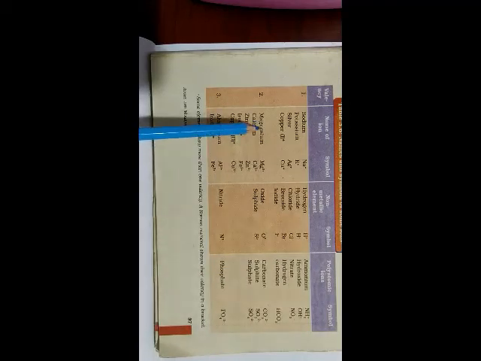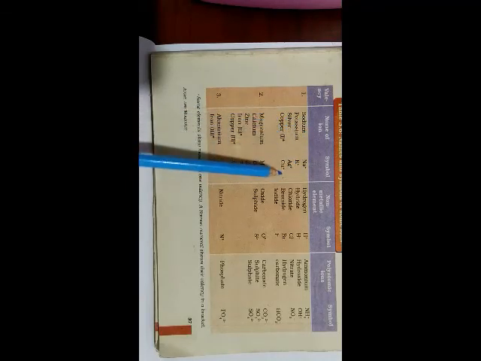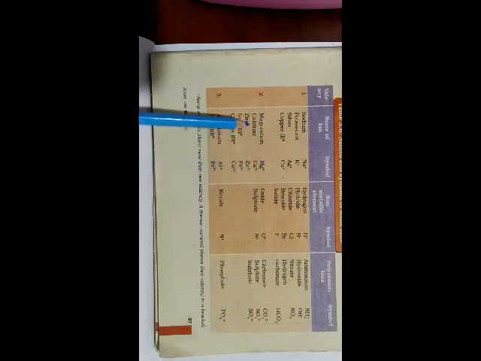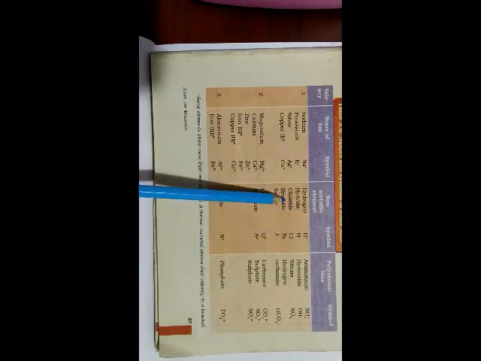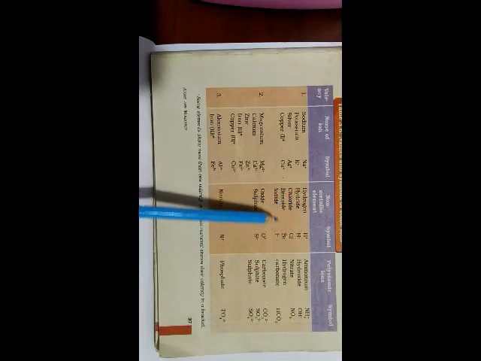And here one positive charge ion is present. And here all these are sodium, simple ion; potassium, simple ion; silver, simple ion; copper, simple ion; magnesium, simple ion; calcium, simple ion; zinc, simple ion; iron, simple ion; copper, simple ion; aluminium, simple ion; iron, simple ion; hydrogen, simple ion; hydride, simple ion; chloride, simple ion; bromide, simple ion; iodide, simple ion; oxide, simple ion; sulfide, simple ion; nitride, simple ion.